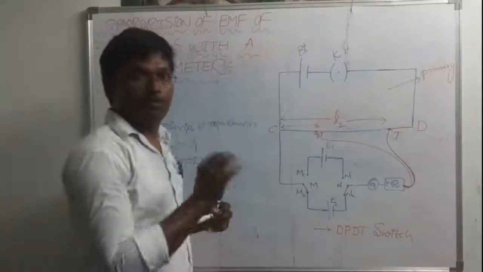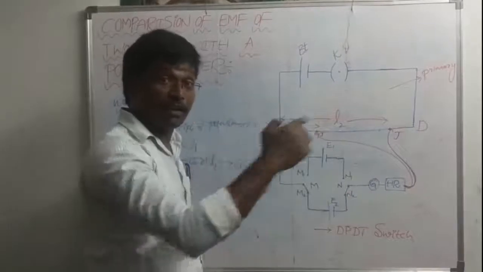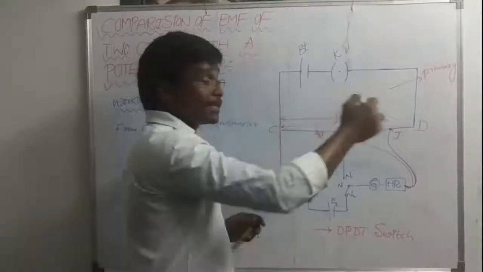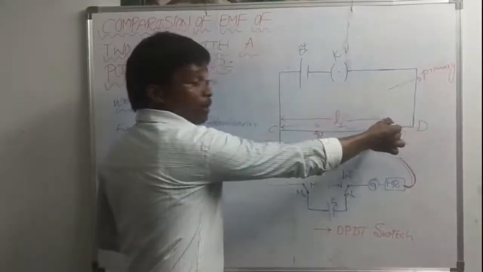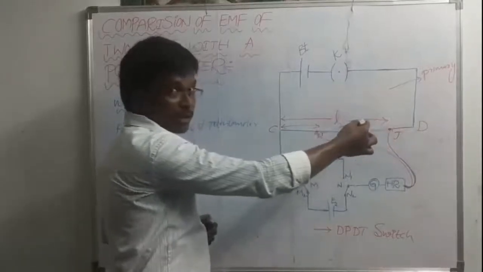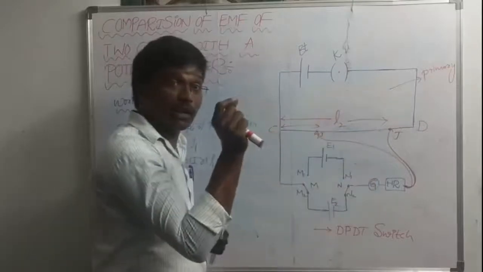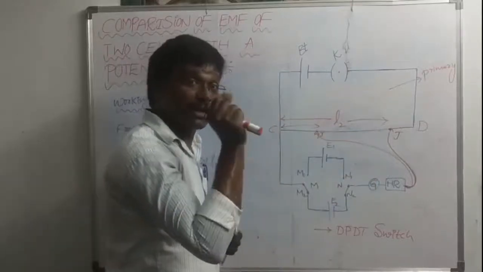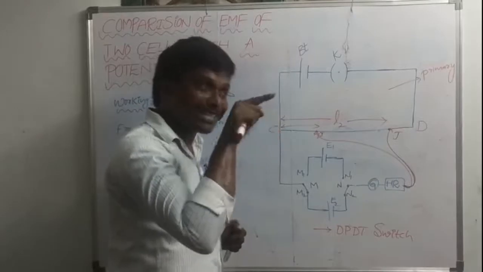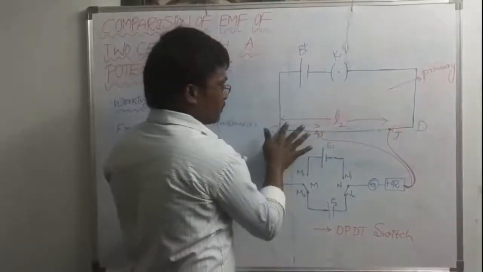When the jockey keeps moving on the potentiometer wire, the galvanometer shows zero deflection at one particular point. At that point you can keep the point J, and that is the balancing length.